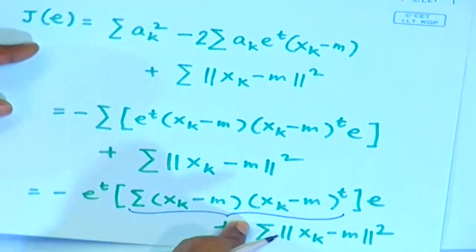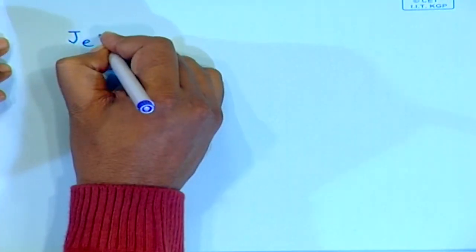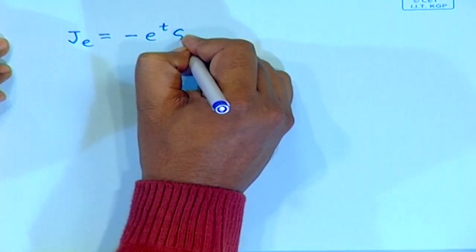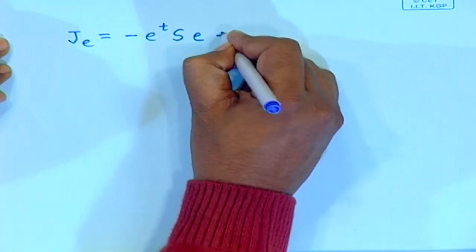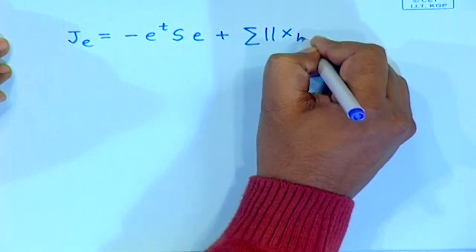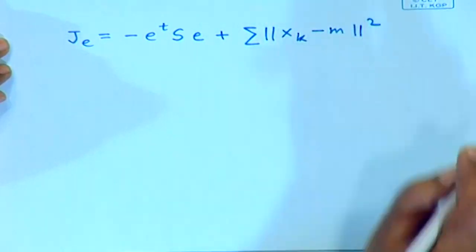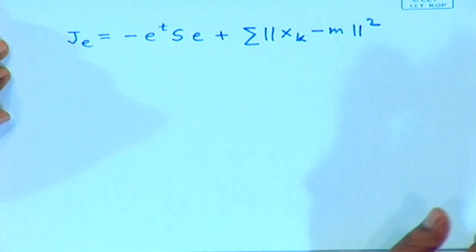If I simply rewrite this, it becomes J(E) is equal to minus E transpose S, that is the scatter matrix, E plus summation of xk minus m square.